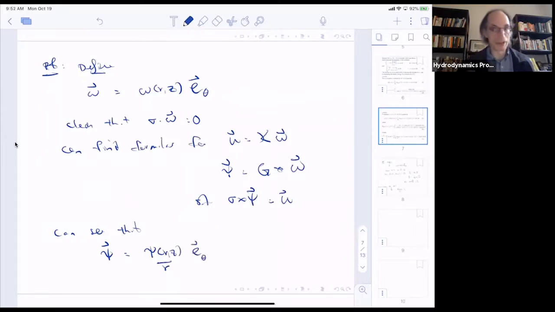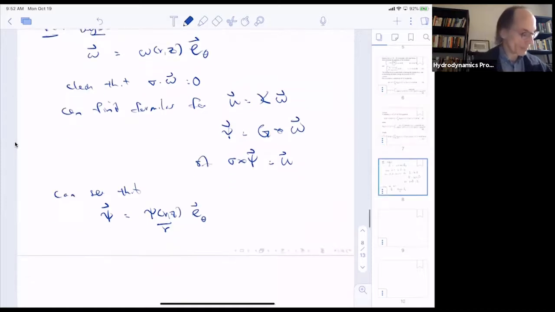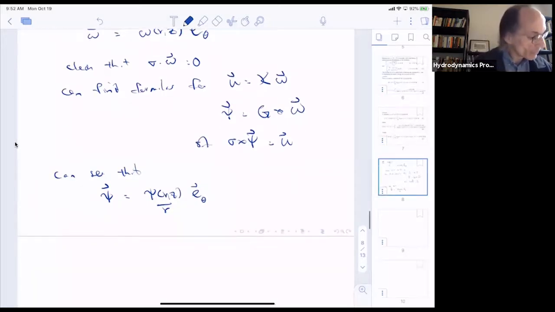So I have some freedom in how to identify the vector field in R3 and the function in R2. This turns out to be a smart way to do it. And u has the form.